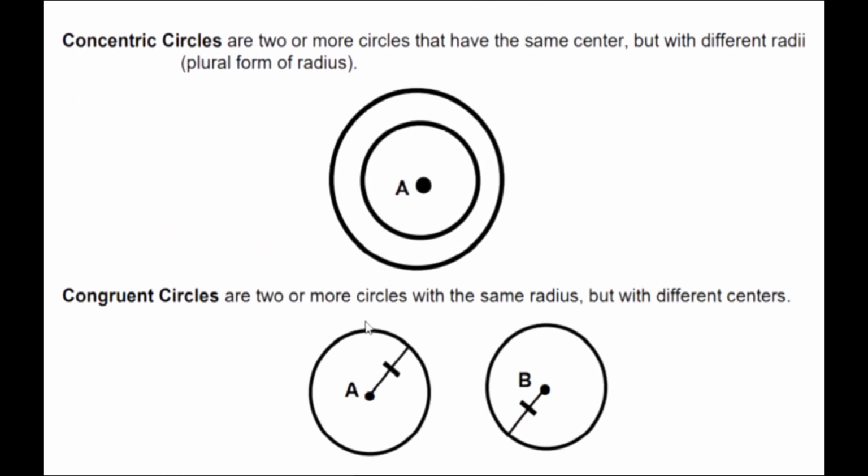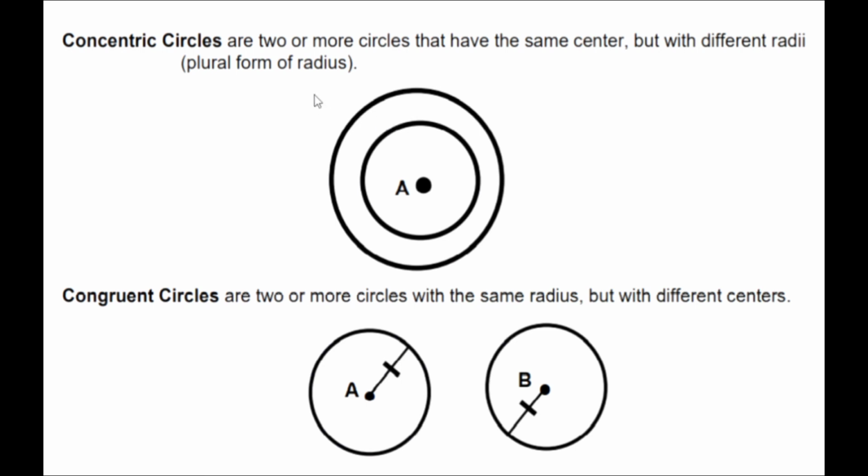And then we have the concentric circles. Concentric circles are two or more circles that have the same center but with different radii. Radii is the plural form of radius.